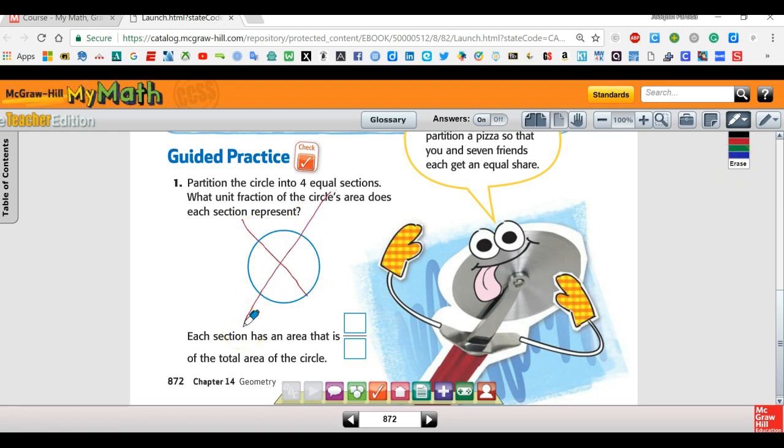Maybe that's it? Approximately, they're pretty much equal. Each section of the area is what of the total area? So this would be your unit fraction. What would go here? 4. And the 1 represents each one of those, right?